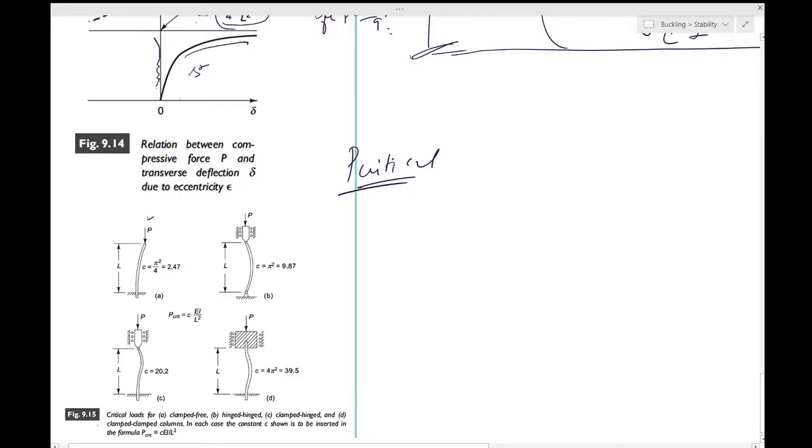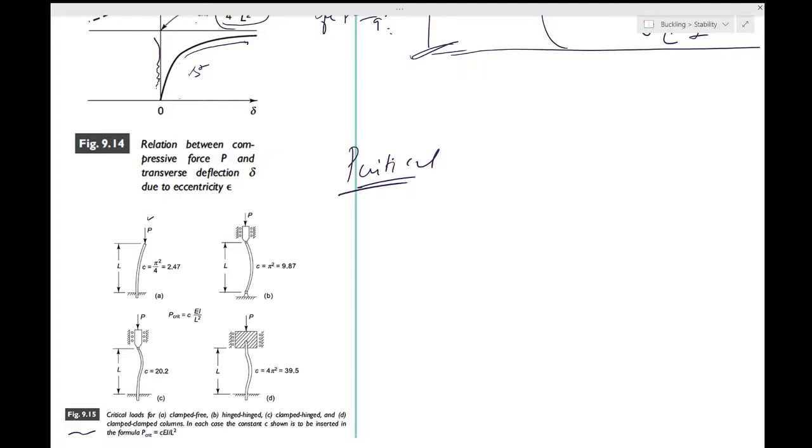In figure 9.15, a number of different methods of column support are shown, together with the critical loads which were obtained from analysis similar to the one just given above. Okay, so we will have some problems related to this.